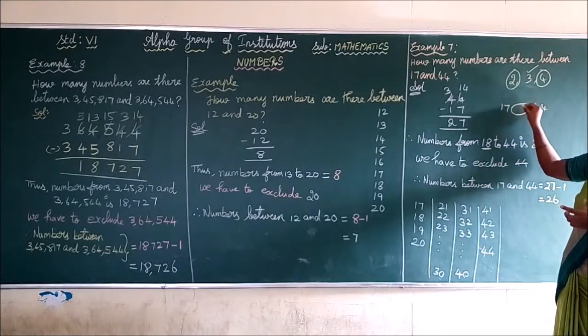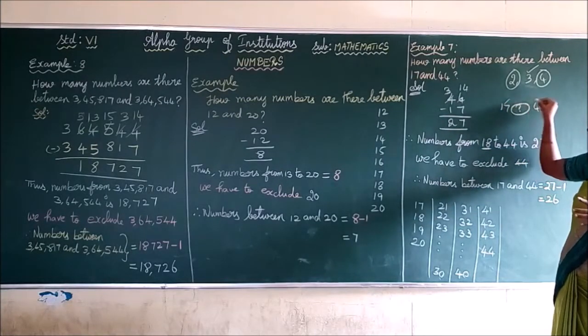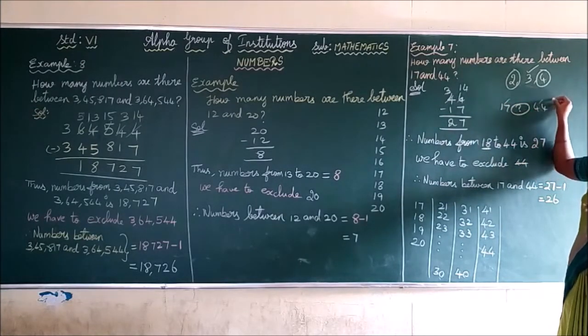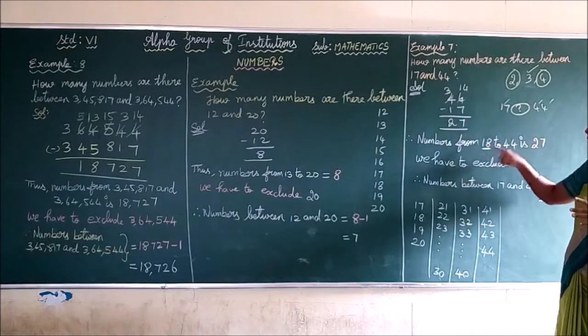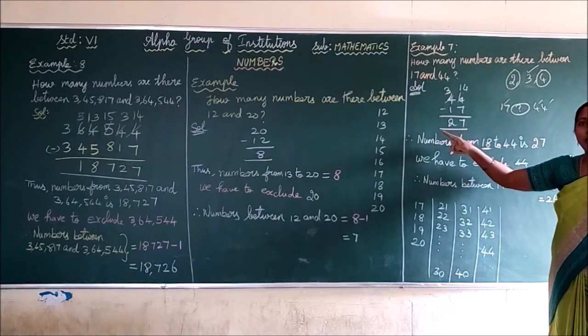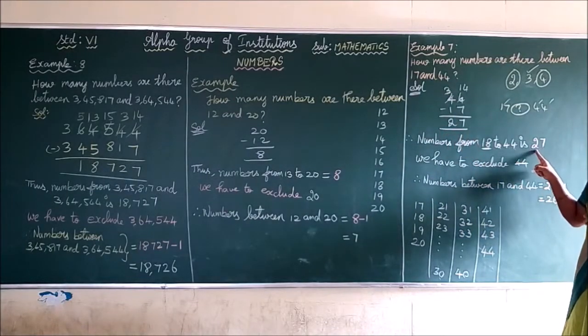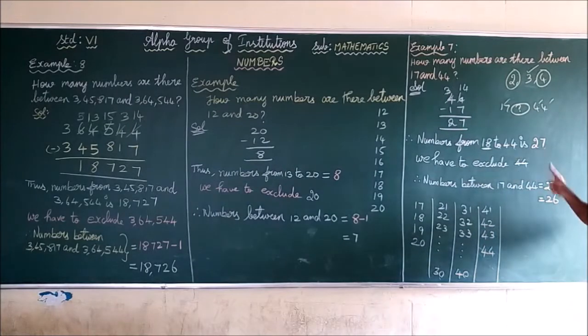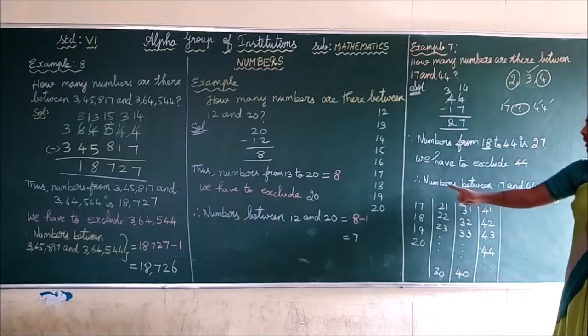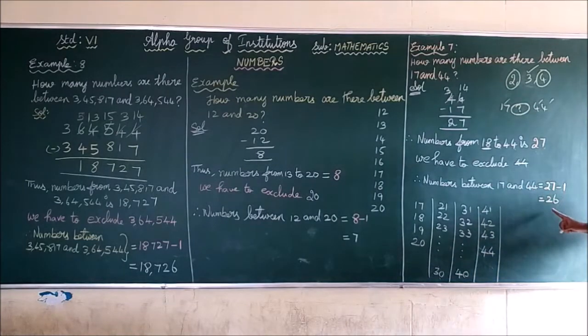This is the question. So we have to exclude 17 as well as 44. By this subtraction 17 is excluded already. Now we are going to exclude 44 only. For that we subtract 1 from 27. You get 26. That is, numbers between 17 and 44 is 27 minus 1, 26.